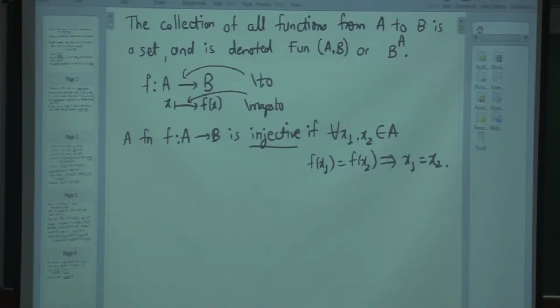If x1 and x2 are equal, then there is a unique image. So we can also put a backside, but we never have to check the other implication. We only check that given two distinct elements, they should map to two distinct elements. That is the injective function, or it's also called one-one function.